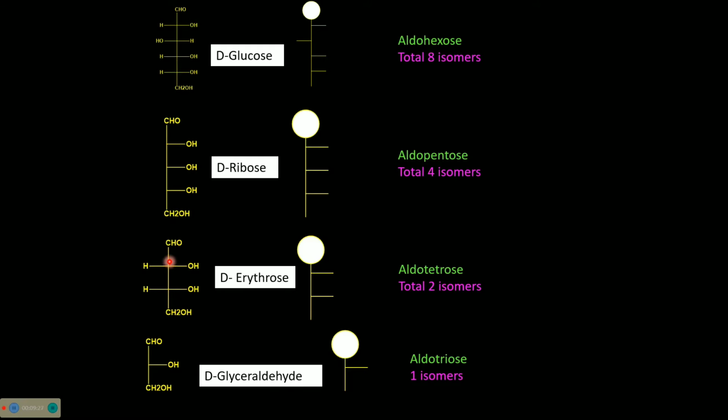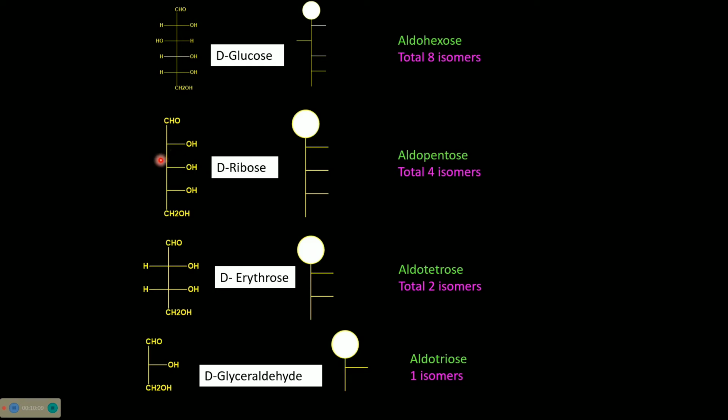We can't say that it should be D or L, because for the bottommost we are writing D-ribose, D-glucose, which means the bottommost chiral carbon is D. Once someone says D-ribose, we have to understand that the bottommost chiral carbon is D in nature, which means that chiral center's stereochemistry is fixed.